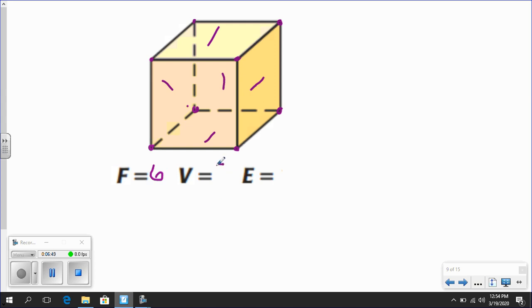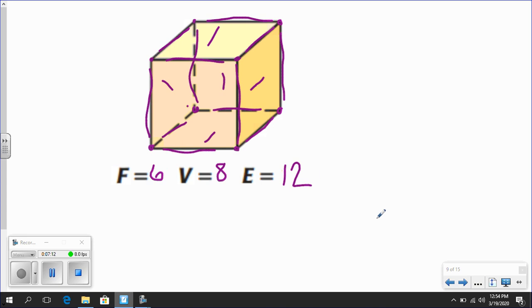So we have 8 here. Edges, 1, 2, 3, 4, 5, 6, 7, 8, 9, 10, 11, 12.